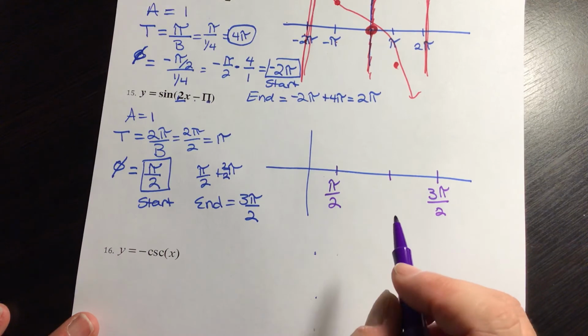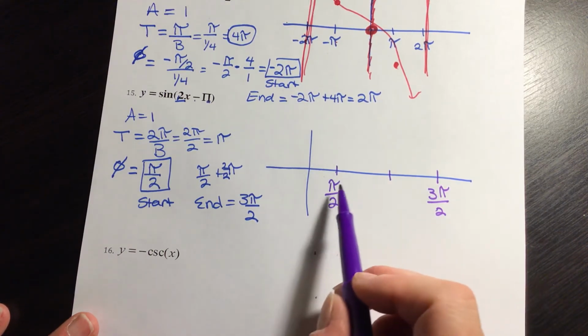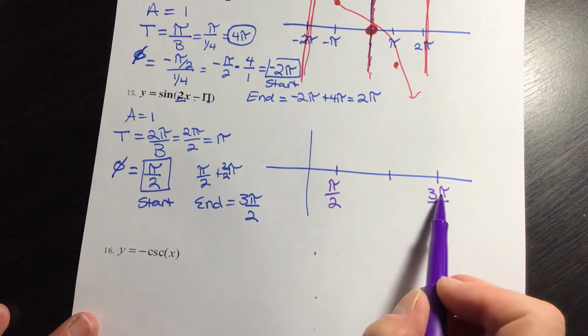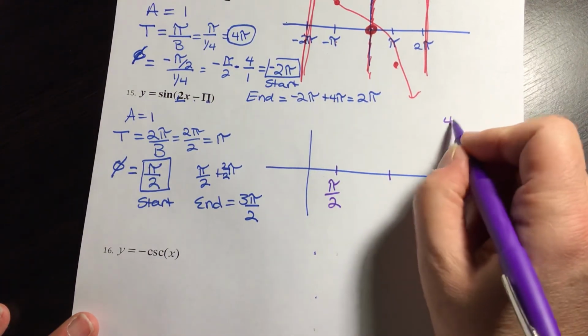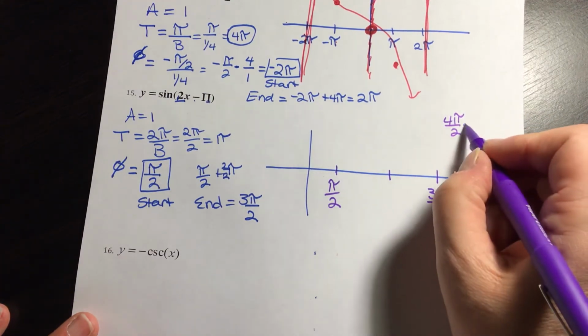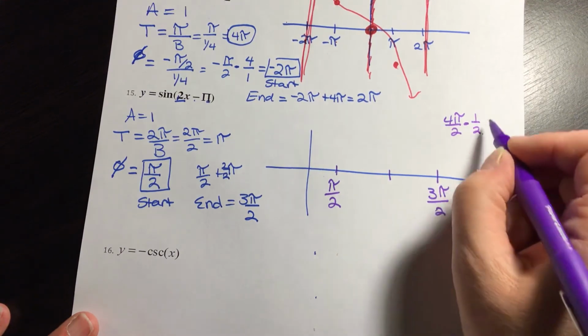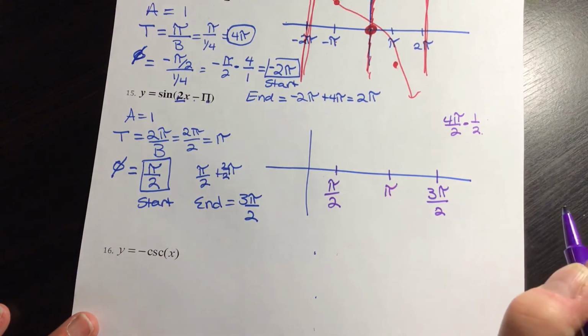Halfway in between them, to find the midpoint, I add them up, so I get 4 pi over 2, and I'm going to divide by 2, or multiply by 1/2, and this would be 4 pi over 4, which is pi.